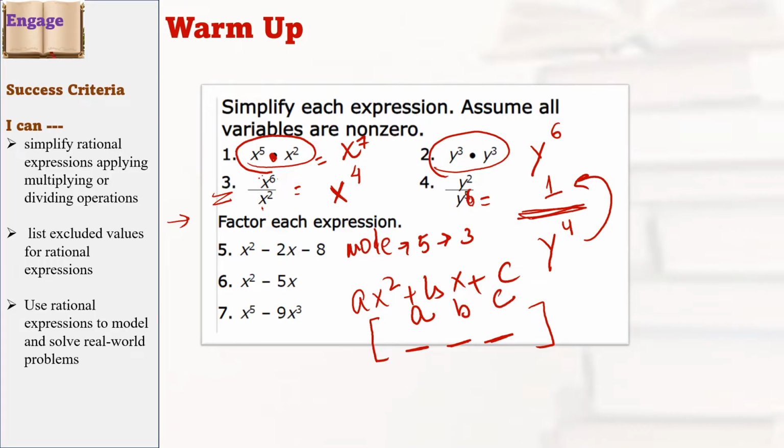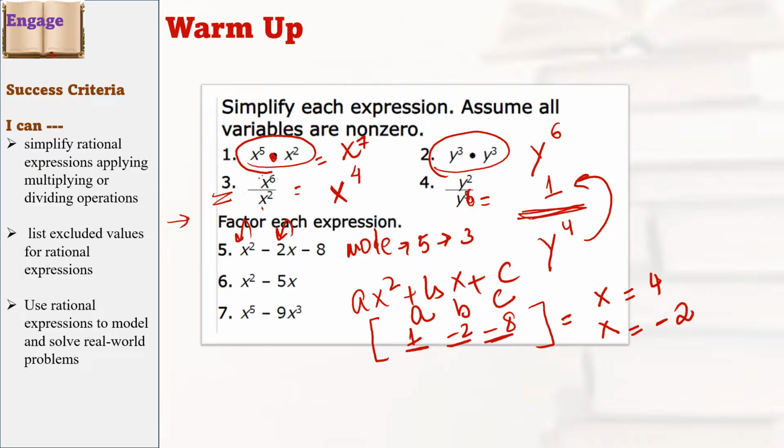So what is in question number 5, what is written before x square? Nothing, means 1. With the b, it's negative 2 and the c is negative 8. If you write it in the calculator, you will get the answer as x equals positive 4 and negative 2.